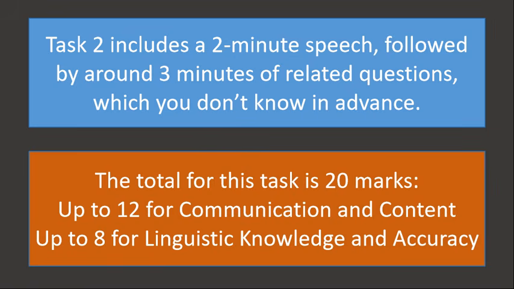So you'll probably spend more time answering questions than you will in your actual speech. So make sure you choose the best topic for you. You get up to 12 marks for communication and content and up to 8 marks for linguistic knowledge and accuracy. So the 12 marks are for your ideas and how you explain them, and up to 8 marks for your vocabulary and grammar.